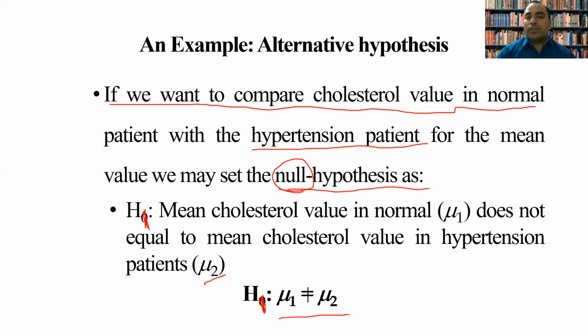If you remember the null hypothesis statement, mu1 equal to mu2, the alternative hypothesis is just the opposite, mu1 does not equal mu2, where mu1 represents mean cholesterol value in normal patients and mu2 represents mean cholesterol value in hypertensive patients. So it's just the opposite statement of the null hypothesis.